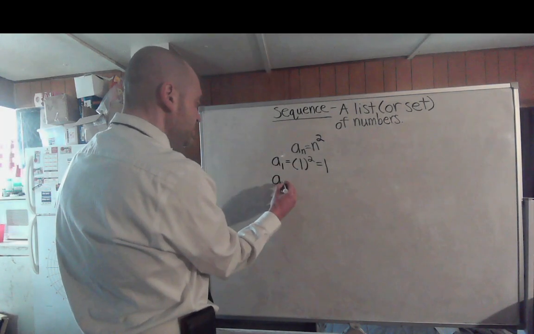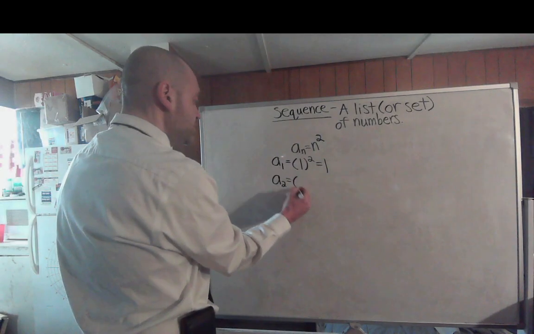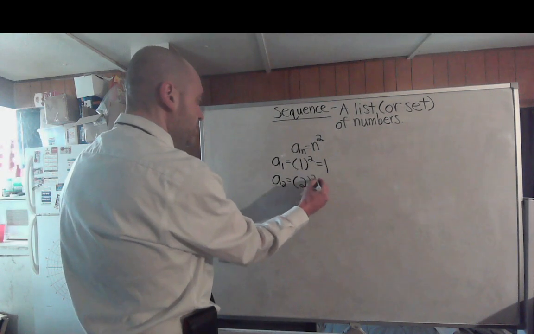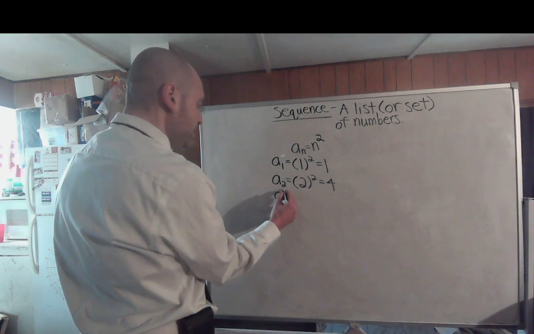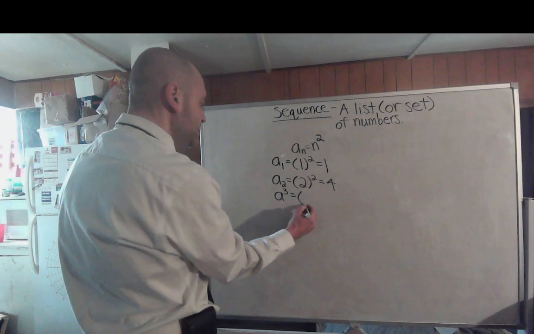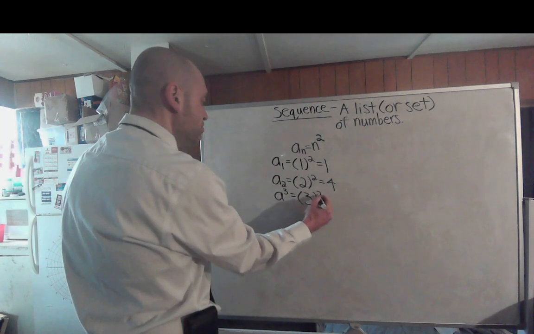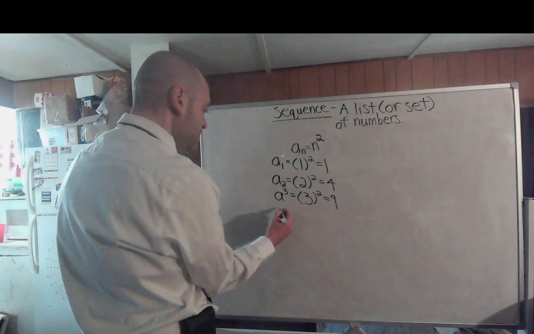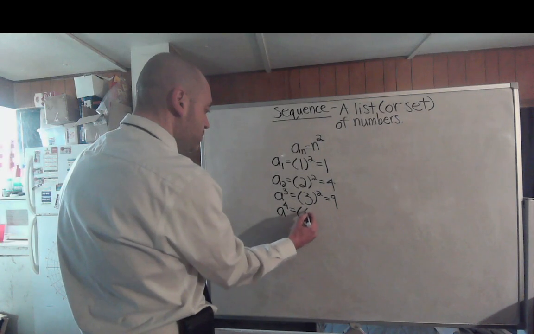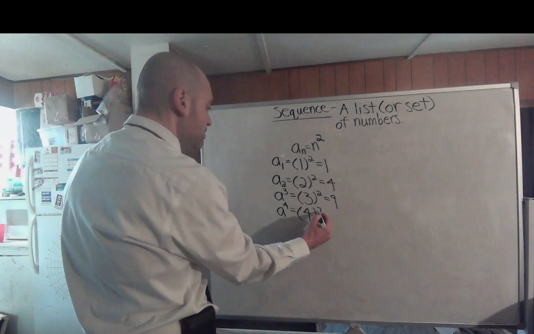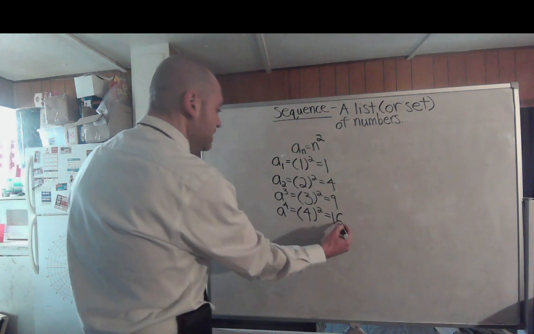Then a sub 2, well, that's going to be 2 to the second power, which would give you 4. A sub 3, that would end up being 3 to the second power, which would be 9. Then we have a sub 4, well, that'd be 4 to the second power, which would be 16.